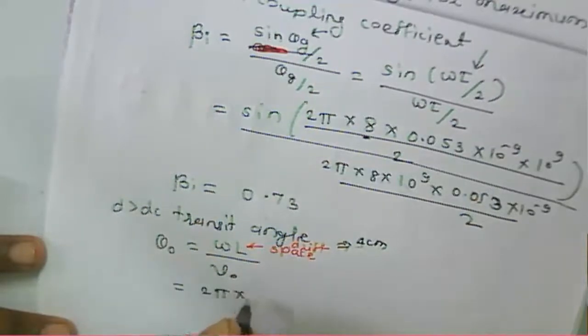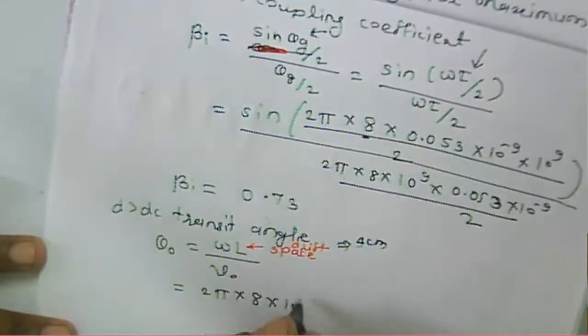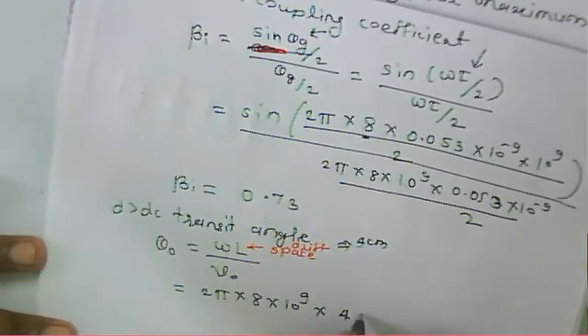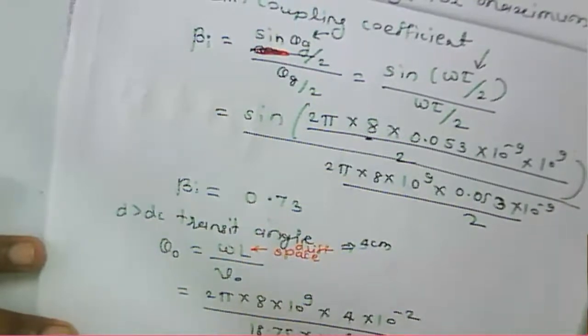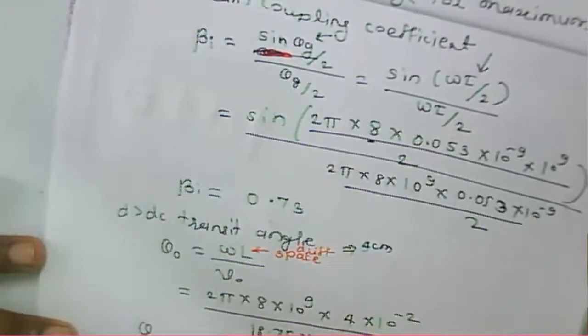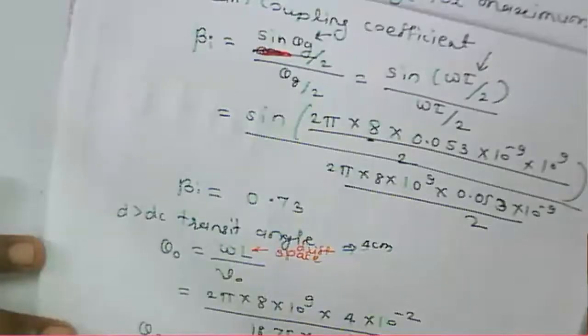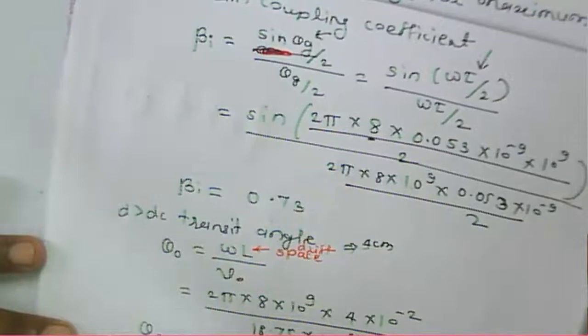So 2 pi × 8 × 10^9 × 4 × 10^-2 divided by the electron velocity, 18.75 × 10^6. If you solve it, you get theta 0 equal to 107.23 radians.